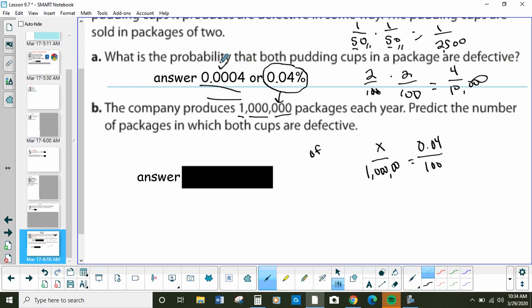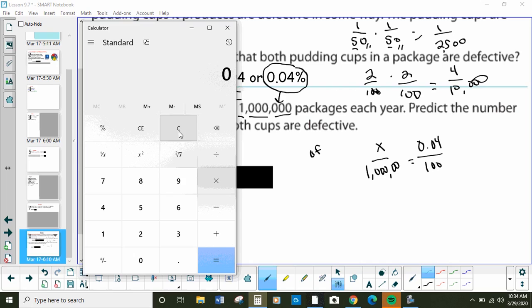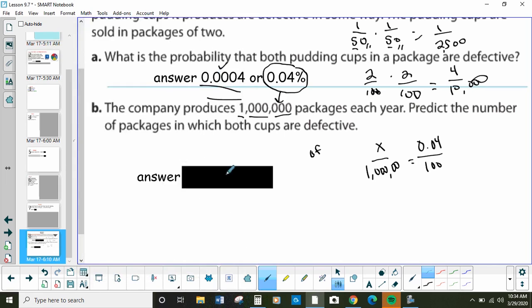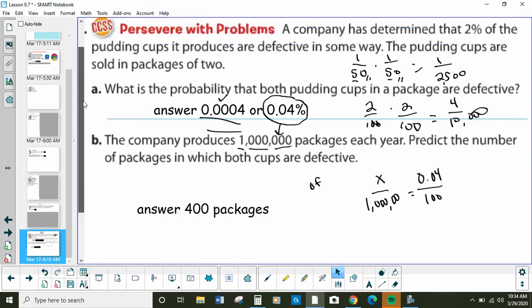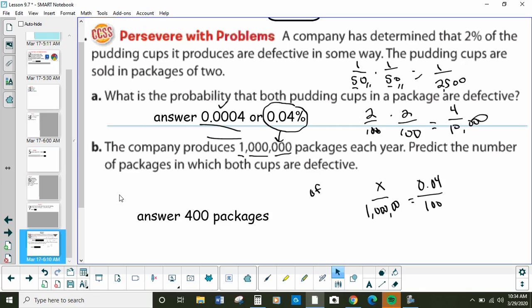So use your decimal here. If you're going to do the shortcut, you type in a million. A million has 6 zeros: 1, 2, 3, 4, 5, 6. And then times 0.0004, 4 ten-thousandths. You have to use a decimal equivalent. So 400 out of a million will have both cups be defective according to this probability up here.